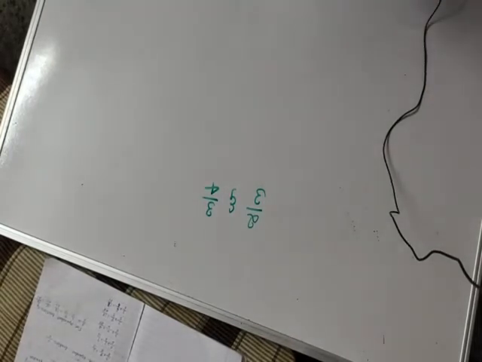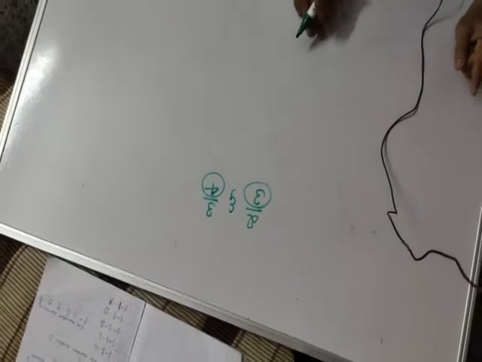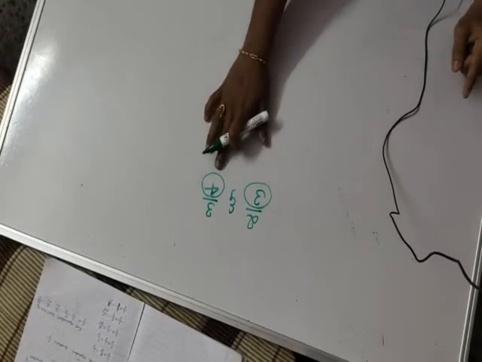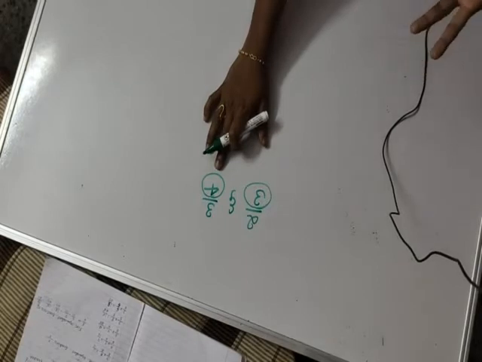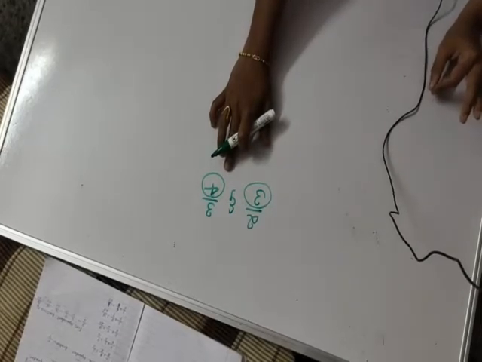Wherever you go, addition, subtraction, larger, smaller, or descending, ascending order, your denominator must be the same. When the denominator is the same, you can easily identify which is larger or smaller, and addition is also easy.